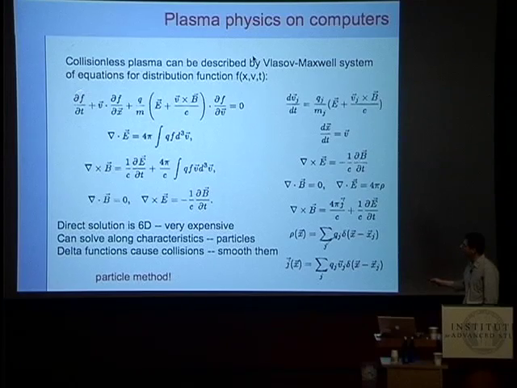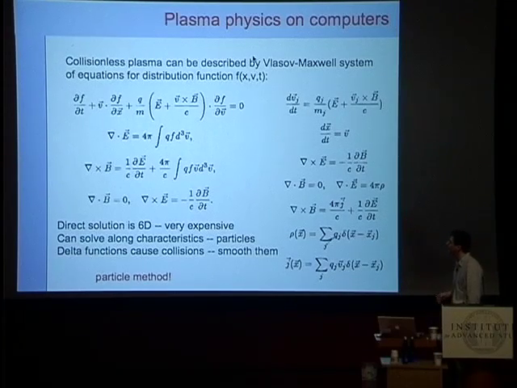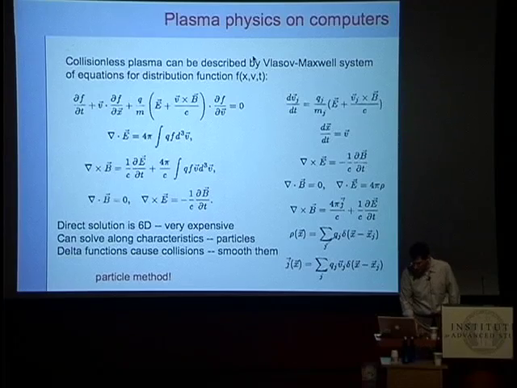This equation describes the evolution of the distribution function, basically saying that the phase space volume is conserved. So what you have here is called the Vlasov equation. This is the Lorentz force, and this is the spatial and the velocity derivatives of the distribution function.